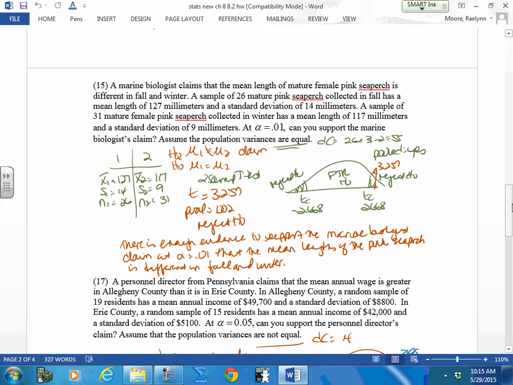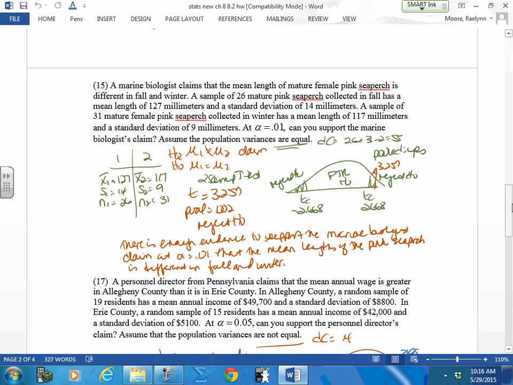Okay, a marine biologist claims, here's your claim, that the mean length of a mature female pink sea perch is different in fall and winter. Okay, different is not equal. A sample of 26 mature pink sea perch collected in the fall has a mean length of 127, and these are all your sample statistics, including the standard deviation from the sample.